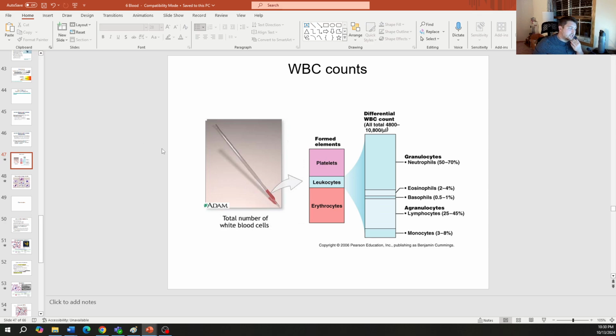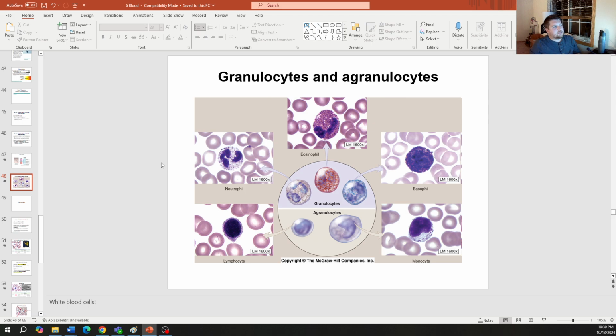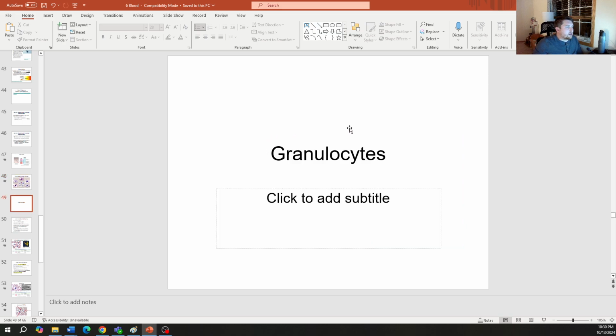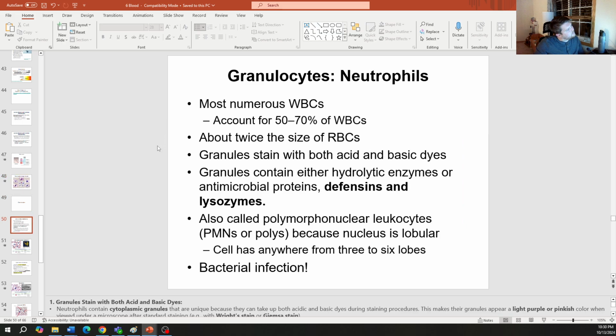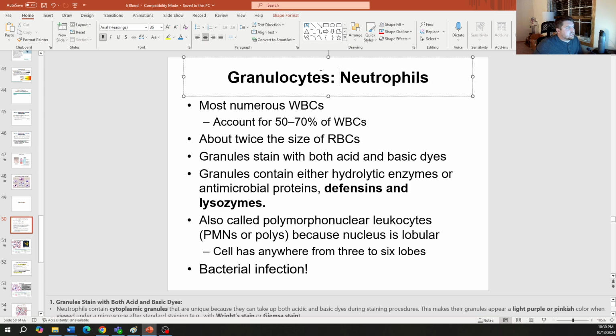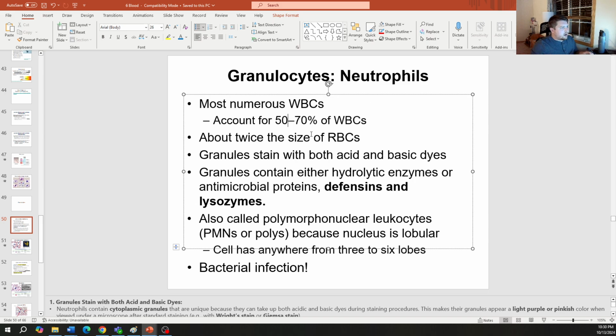How much are in each of those? So splitting these up, granulocytes versus agranulocytes. Here we can see we have the neutrophil, eosinophil, basophil. We're going to start by talking about those granulocytes, starting with neutrophils. When we talk about these, you don't have to remember the percentages.